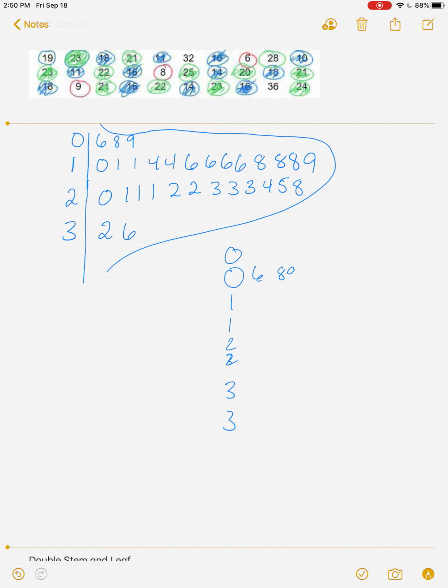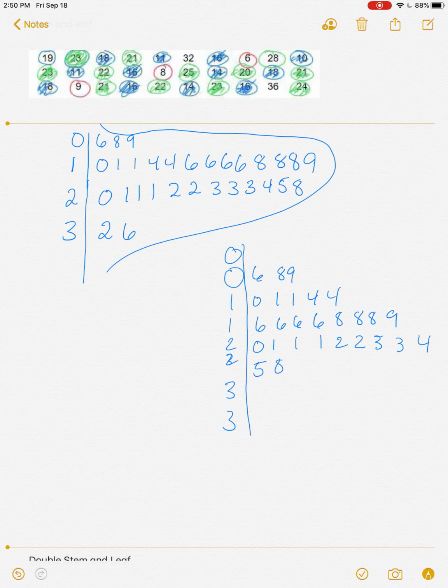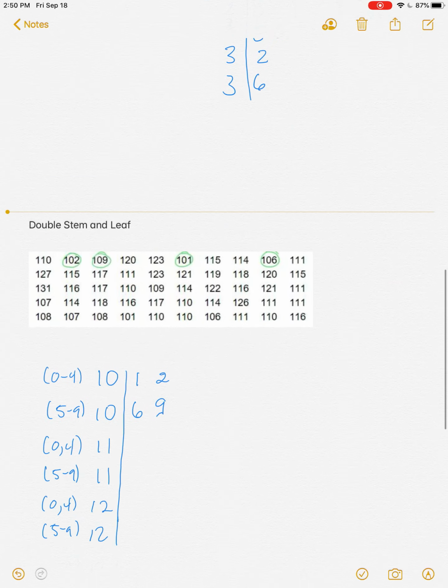And it would have looked like this. 6, 8, 9 would have been in that first category. 0, 1, 1, 4, 4. 6, 6, 6, 6, 8, 8, 8, 9. 0, 1, 1, 1, 2, 2, 3, 3, 4, and then 5, 8 down here. And then the 3, it would have been a 2 and a 6. That's what they call a double stem leaf plot.